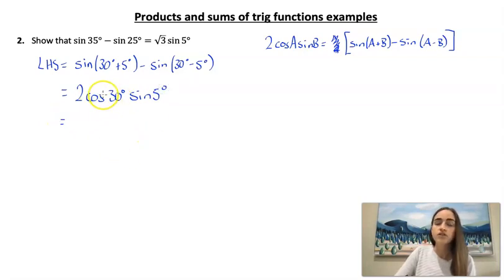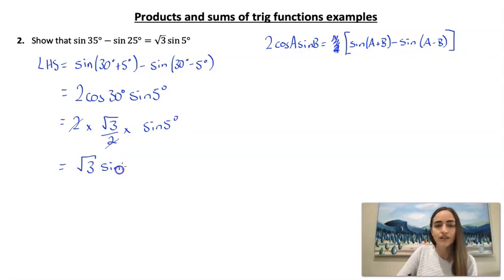Now, we know from our exact values that cos 30 is root 3 on 2. And we've still got our sine 5 degrees on the end there. And of course, that will simplify down. Those 2's simplify. So we'll just end up with our root 3 sine 5 degrees, which is, of course, our right-hand side of that equation.